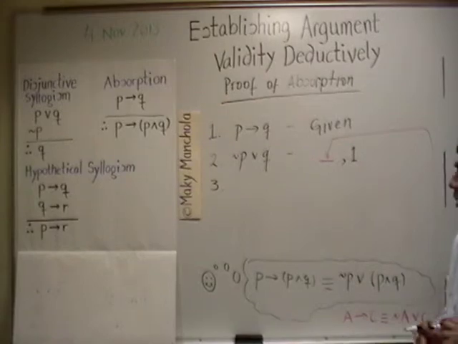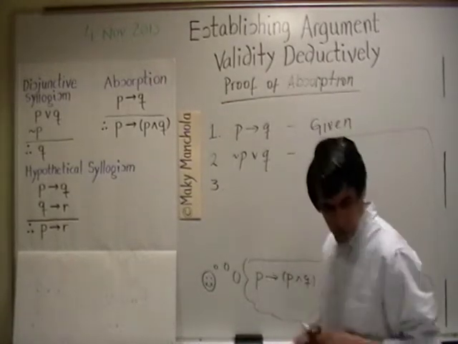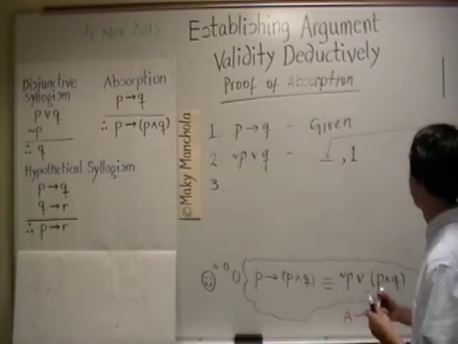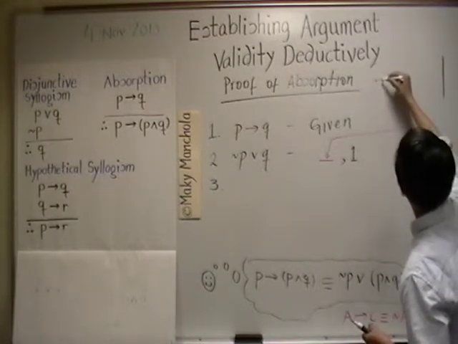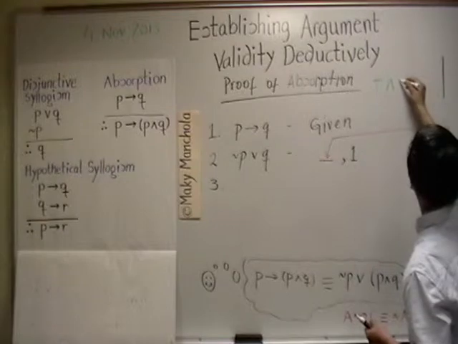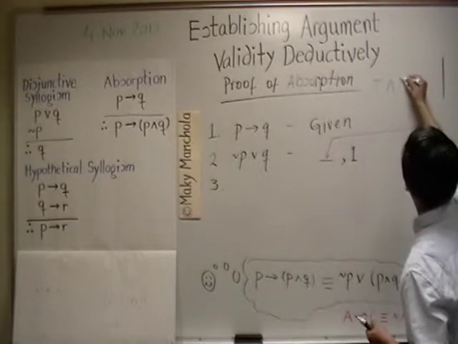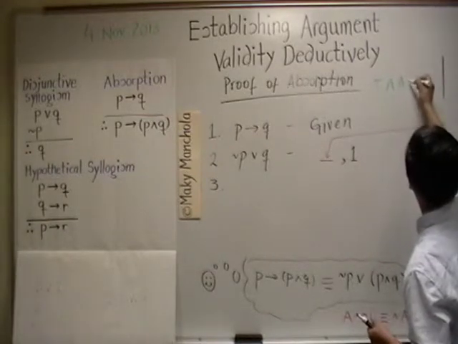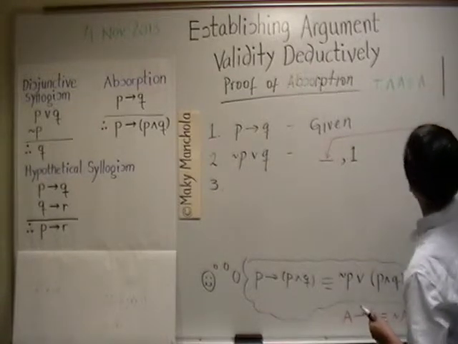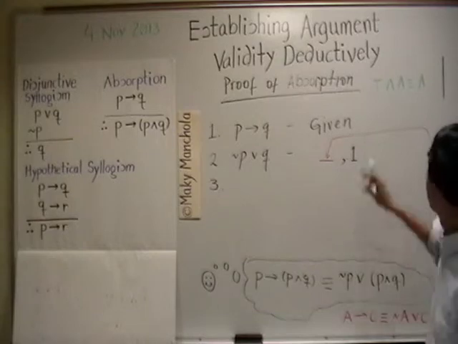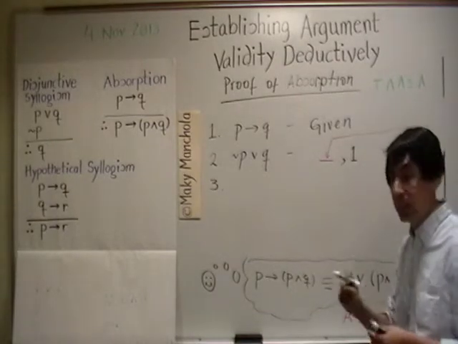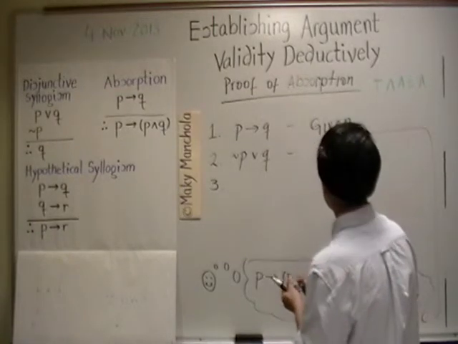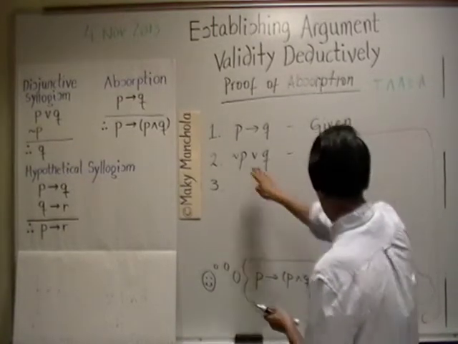If you take the conjunction of a true statement and A, you get back A. That's an identity. That's the identity of conjunction. True is the identity of conjunction. So let's try that in here.